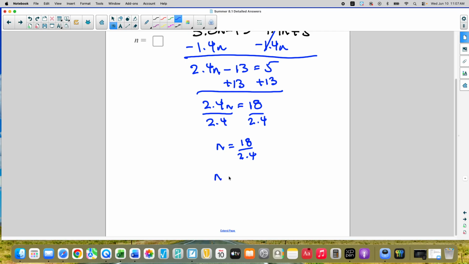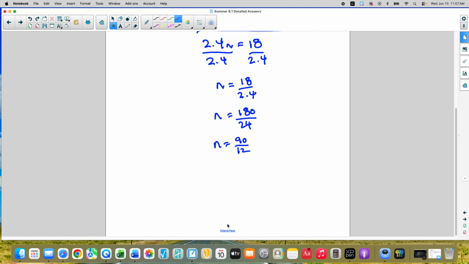We could move the decimal point one place over in the numerator and the denominator to get 180 over 24, which would reduce to 90 over 12, which would reduce to 45 over 6, which would reduce to 15 over 2, I think. I'm dividing it by 3. Yeah, so 15 over 2.